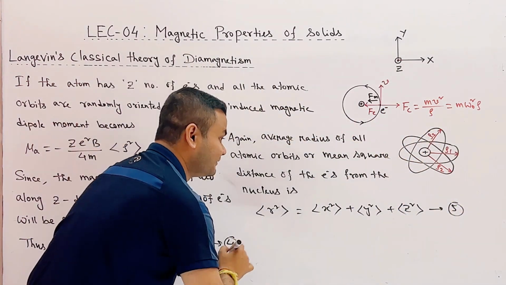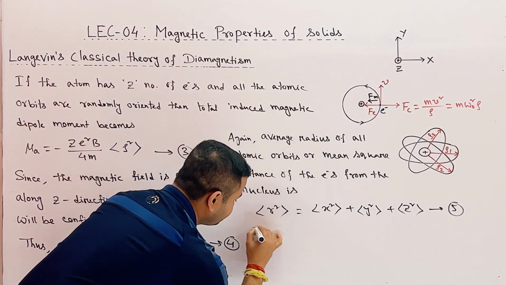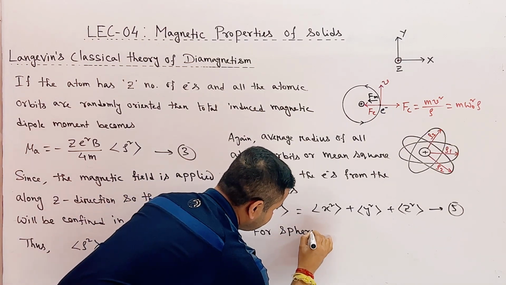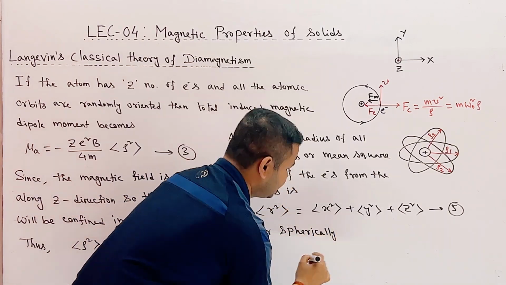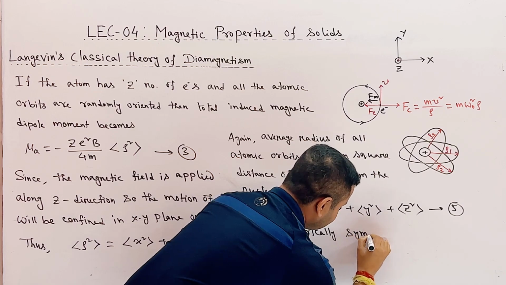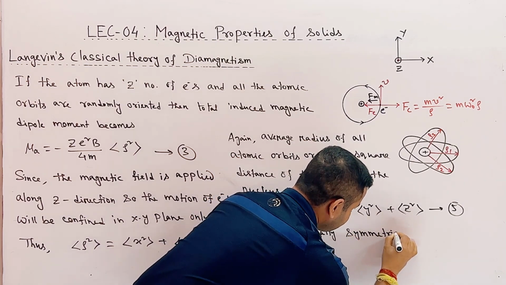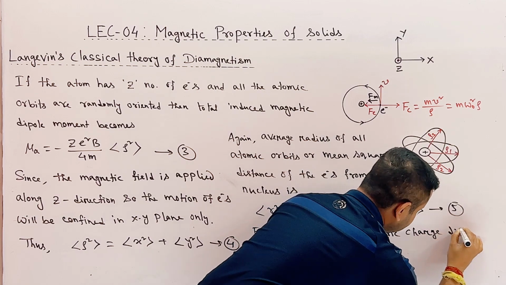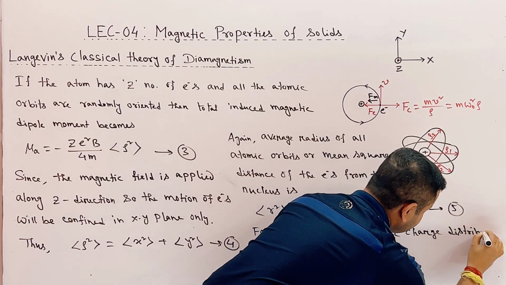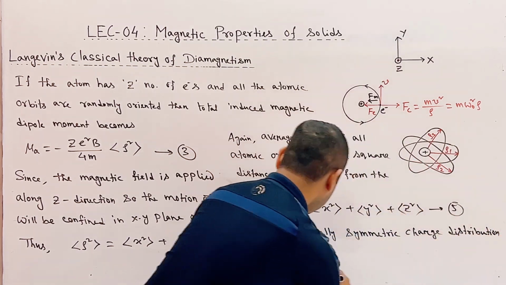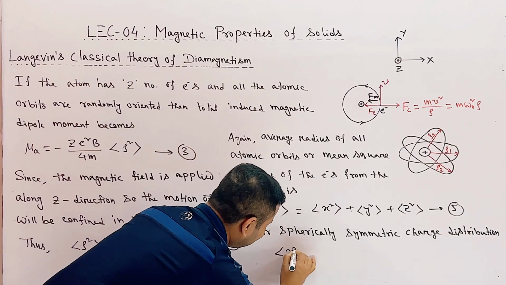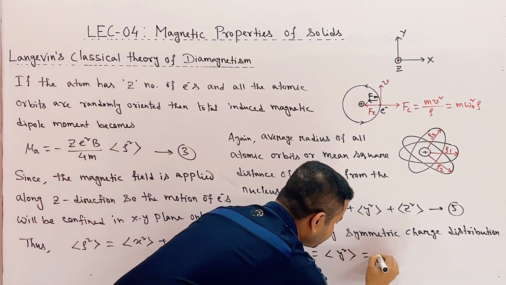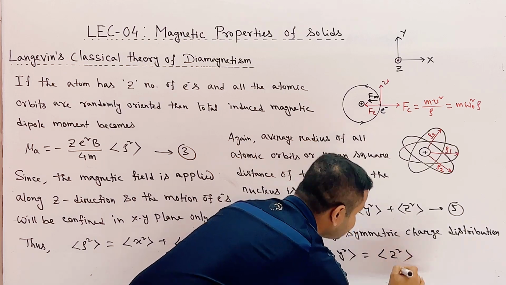For spherically symmetric charge distribution, average value of x square is equal to average value of y square is equal to average value of z square.